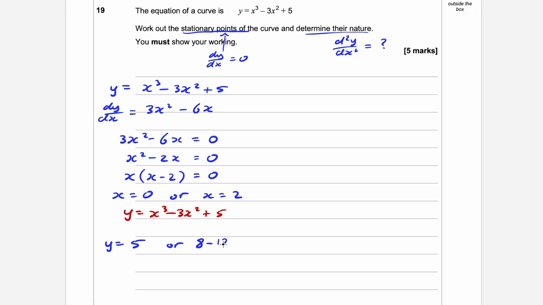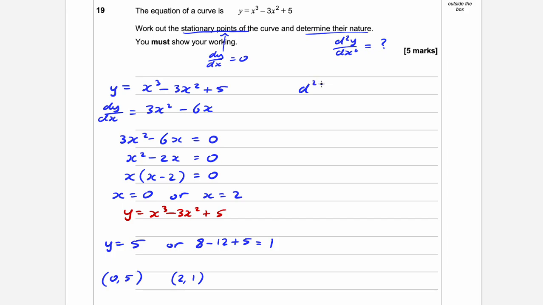So 8 minus 12 plus 5, which equals minus 4 plus 5, which is 1. So the 2 points are 0, 5, and 2, 1. Those are the two stationary points, but we need to determine their nature.